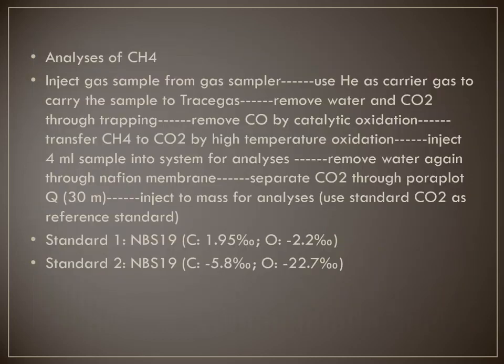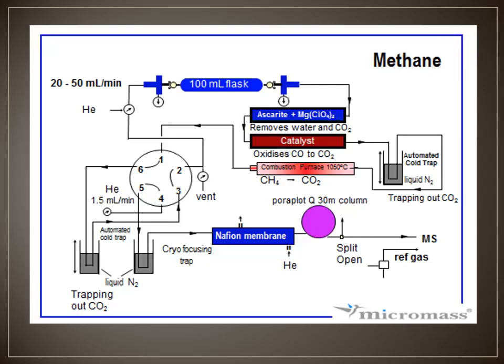How the methane was obtained is a little bit more complicated than the carbon dioxide, because we need to remove other carbon materials before we analyze the methane. We will keep methane only, then transfer it into carbon dioxide for further analysis. We introduce from this chart.